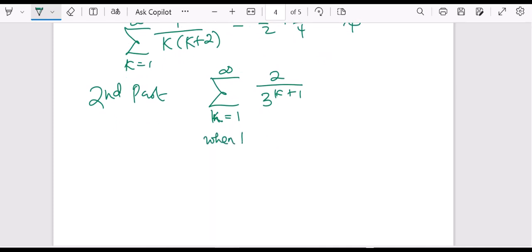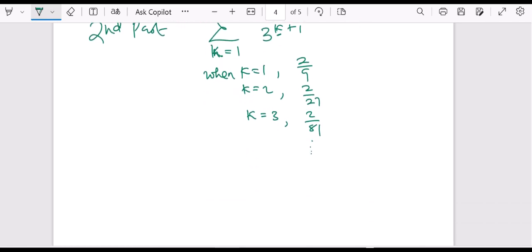When k is equal to 1, we put 1 here, that is 1 plus 1, that's 2, 3 power 2 is 9, so we have 2 over 9. When k is equal to 2, we get 2 over 27. When k is equal to 3, we get 2 over 81, and so on and so forth.